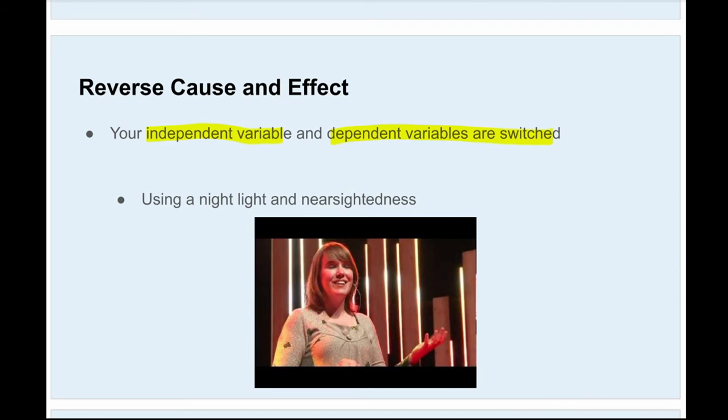Because they were nearsighted, they used a nightlight, and not because using the nightlight caused nearsightedness. So again, this is something you have to think about, possibly with further investigation into your actual variables or your actual data, or maybe even other variables surrounding it, that would cause you to think about reversing your cause and effect. So reversing which variable causes the other.